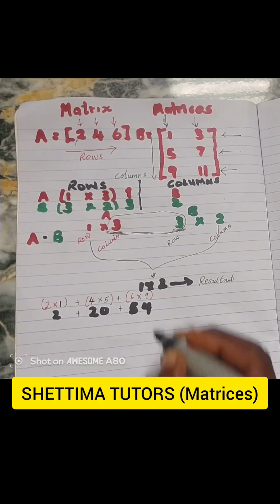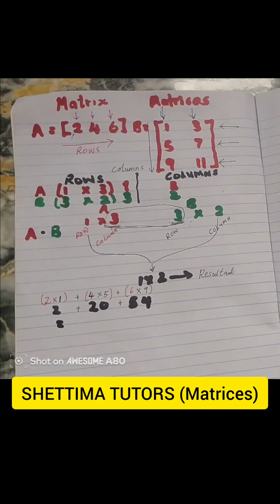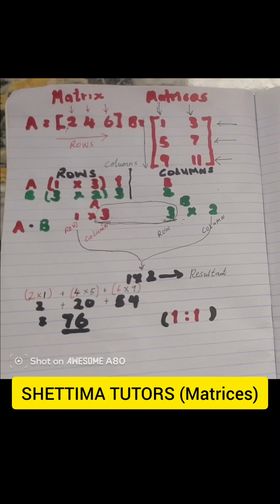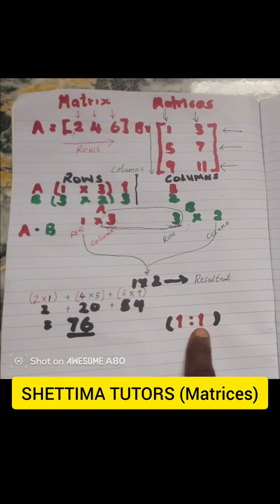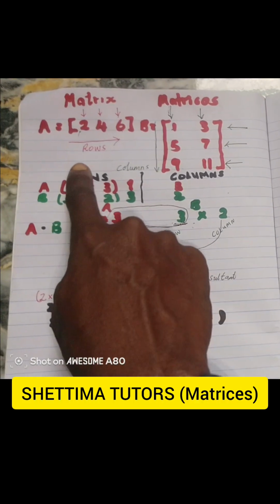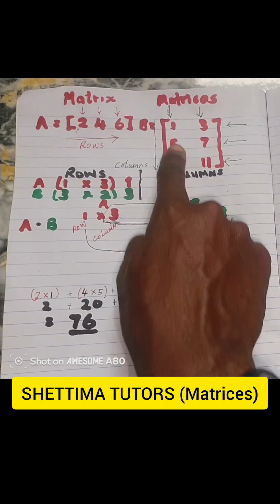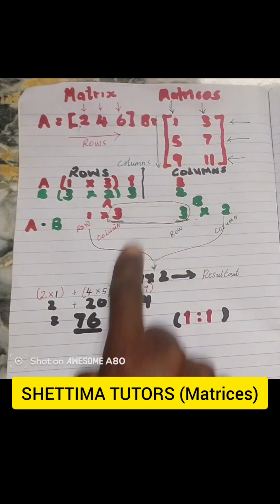Our answer is 76. This is what I get for the first row, first column.